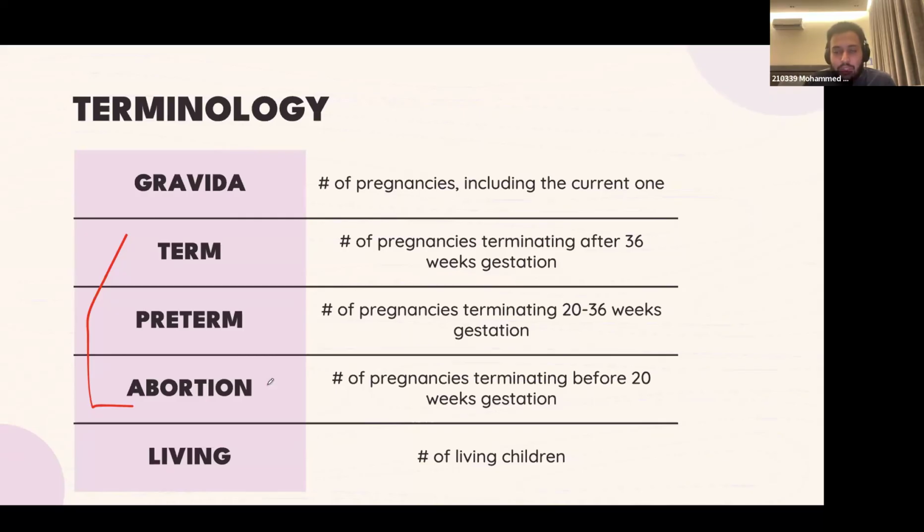Now, if you have another patient who is currently pregnant, has 6 kids, and she says that in 2 of her previous pregnancies she had 2 abortions before the 20th week. What's the GTPAL?